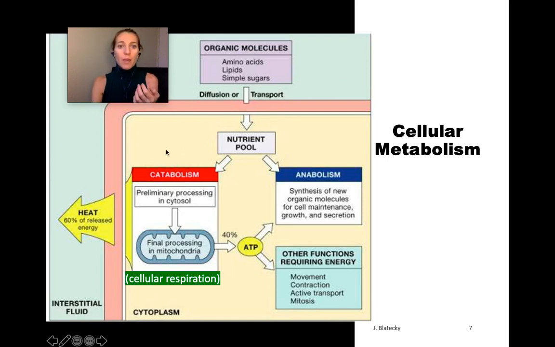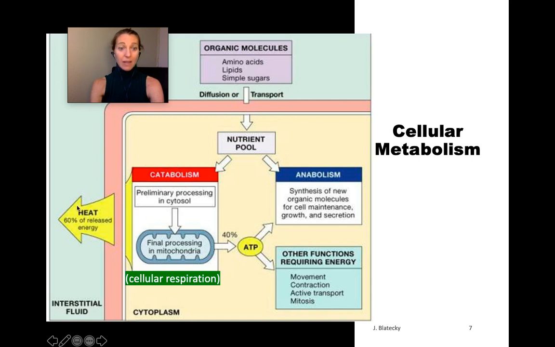So with catabolism, this includes that process of cellular respiration, which I'll try to define clearly in a moment here. But catabolism is our chance to try to break down those macronutrients and to capture that energy as much as possible in the form of ATP.